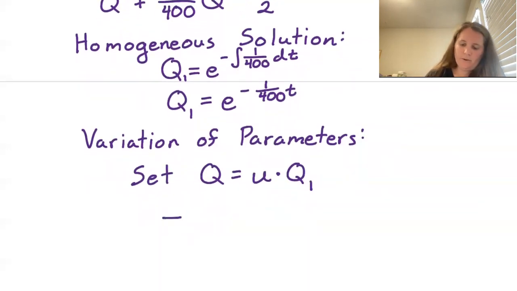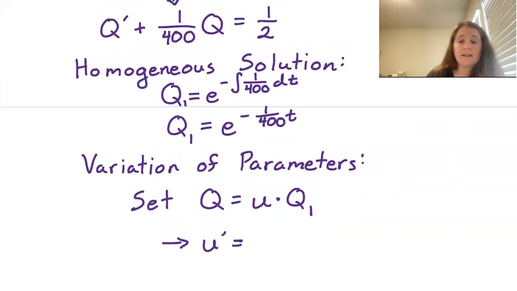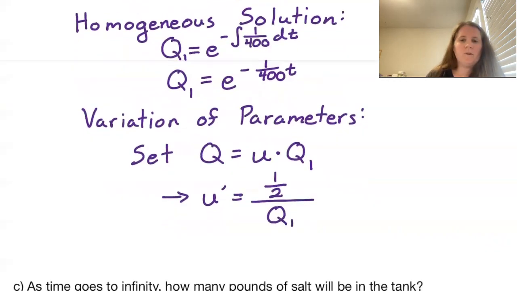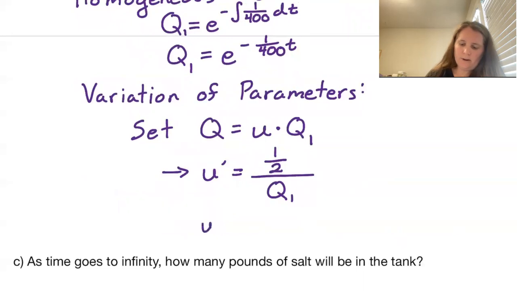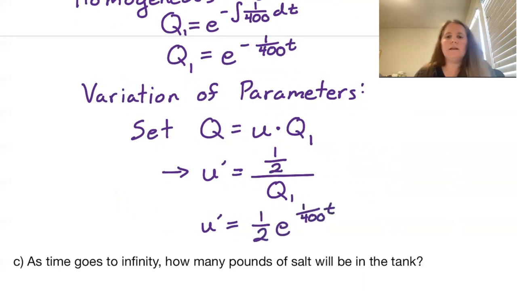And we get, therefore, that u prime is equal to the right-hand side, 1/2 divided by Q1. Or in other words, u prime is equal to 1/2 e to the positive 1/400 t.